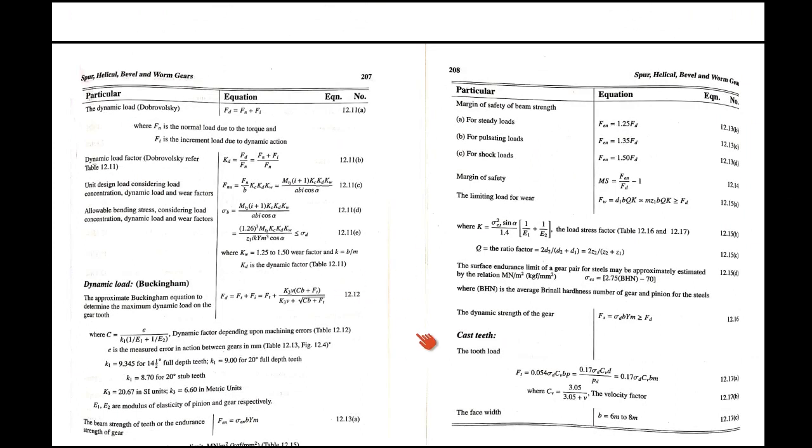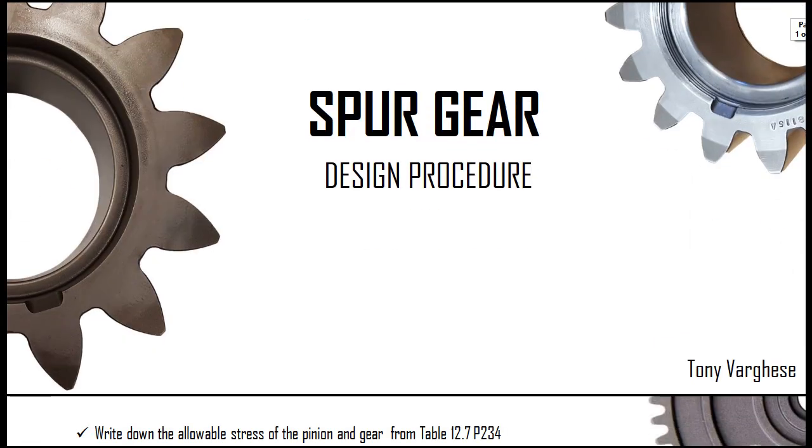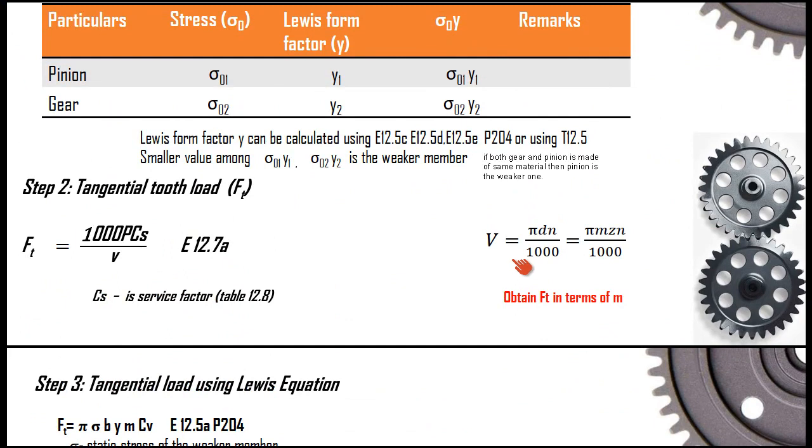Now comes the important part: how can we substitute the value of V? Because if you don't have the value of D, you cannot have a value for V. But D can be substituted as M into Z, because module is nothing but D by Z. So D is going to be MZ. If diameter is unknown, then we have to substitute the velocity in terms of module.